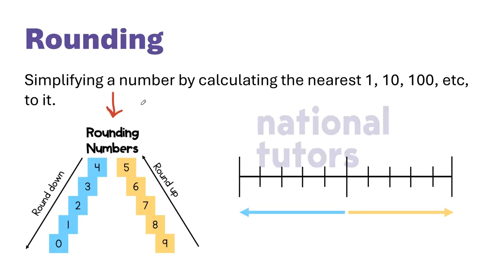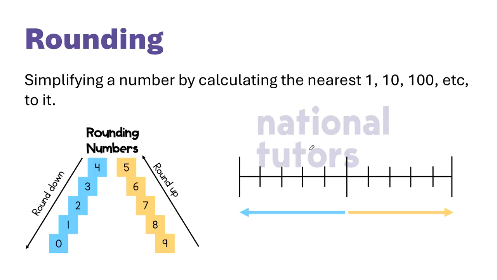It's a really important rule we must follow when we're rounding numbers. If your number ends in the number 4 or smaller, we will always round down. If, however, your number ends in the number 5 or higher, we will always round up.